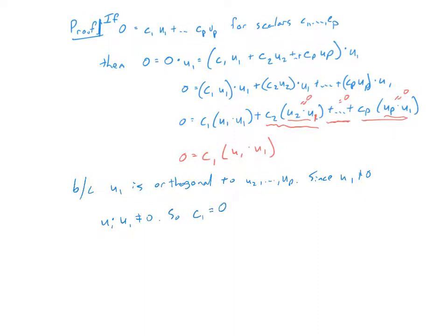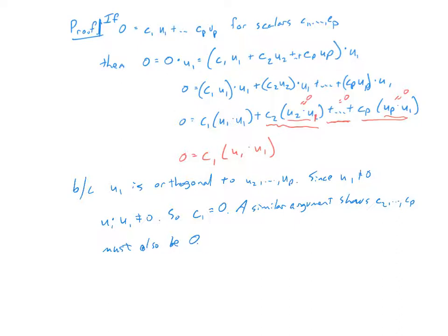Now, that's technically not the end of the proof, but we can say a similar argument shows that C2 through CP must also be 0. C2 would be 0 if I took the dot product with U2 and distributed it through.